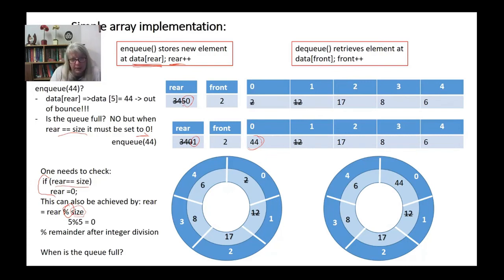What does it do? It divides 5 by 5 and it takes the remainder of it. But our question still stands, when is this queue full? And the answer is when the number of filled elements is equal to the size.